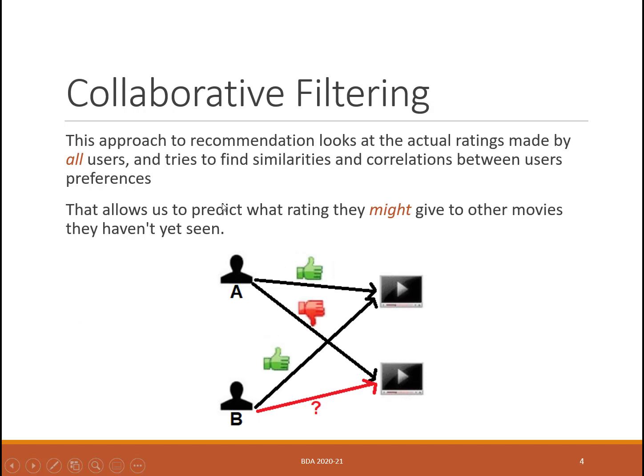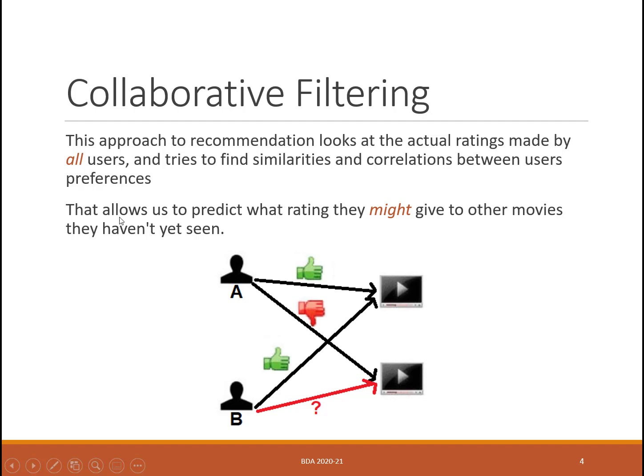Collaborative filtering considers the actual ratings made by all users to find similarities between users' interests and preferences. In other words, this approach gradually collects preferences or taste information from many users to make automatic predictions about the interests of a new user.